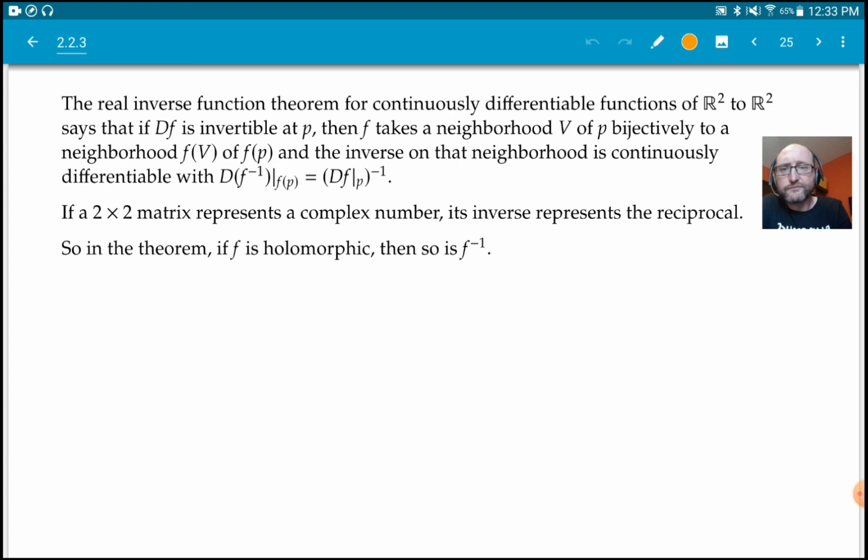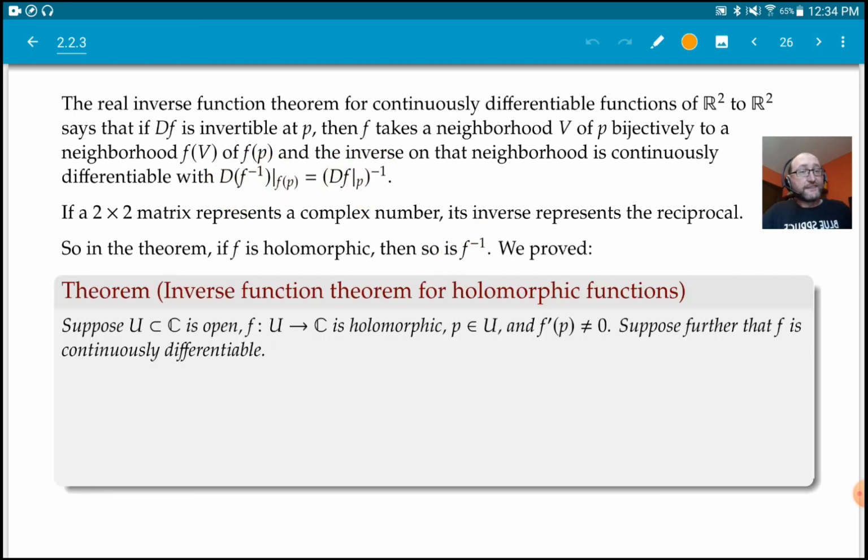Okay. So in the inverse function theorem, if f is holomorphic, then so is the inverse, right? Because if the derivative represents a complex number, its inverse also represents a complex number, namely the reciprocal.